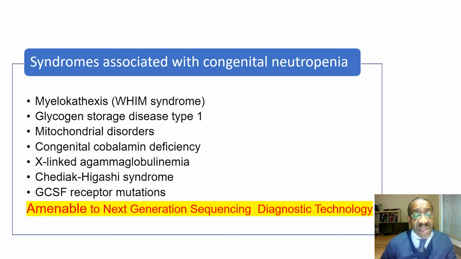So all these disorders, which are extremely rare, are associated with quite severe neutropenia potentially. The diagnosis can be challenging. Next generation sequencing has actually played a major role in facilitating early diagnosis of these disorders in the laboratory.